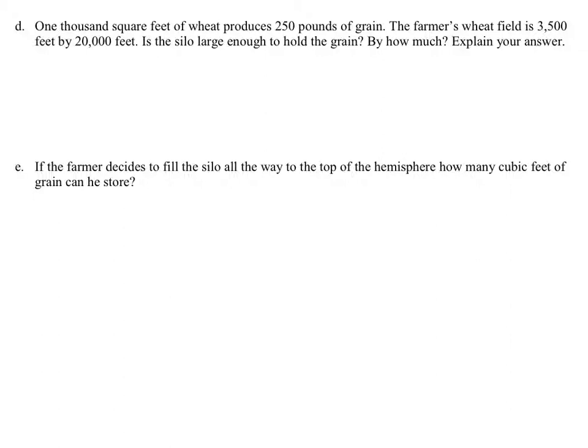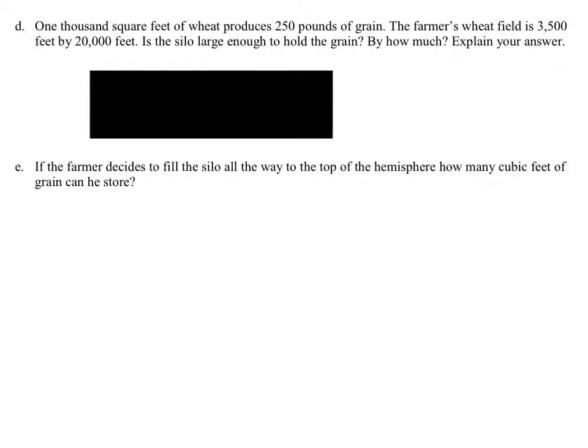So we'll look at a picture of this and figure out how many square feet of grain we can have, which will then tell us how many pounds of grain this would produce. This should be rectangular in shape, and up here we see that this is 3,500 feet by 20,000 feet.